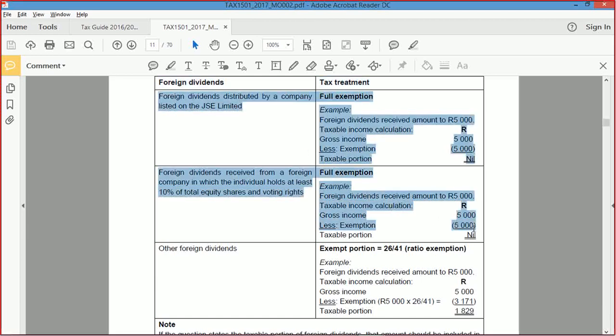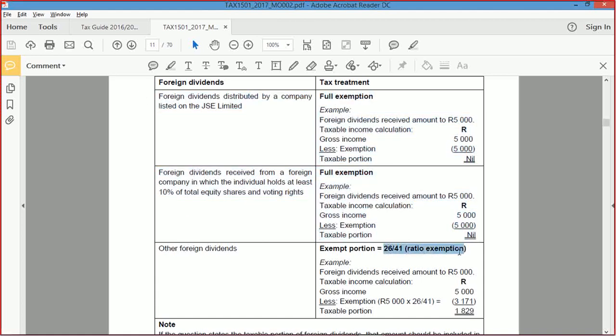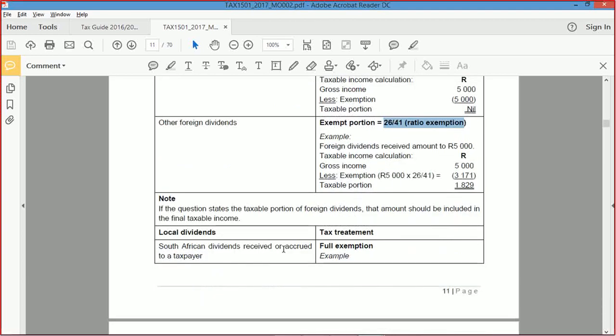So this is getting dividends from any other company that's not listed on the exchange, and a company that we don't own a lot of equity in. Any other scenario, not one of these two, then we apply this 26/41 rule.